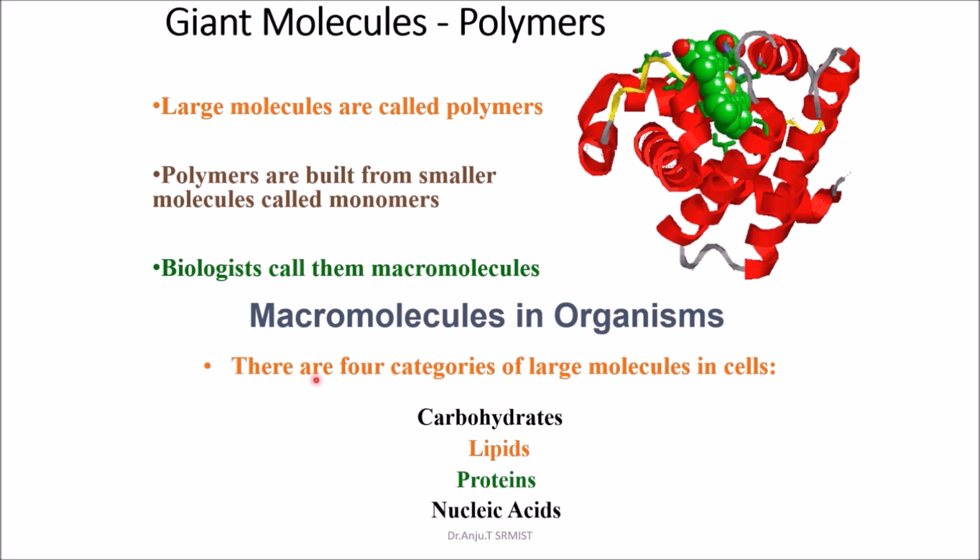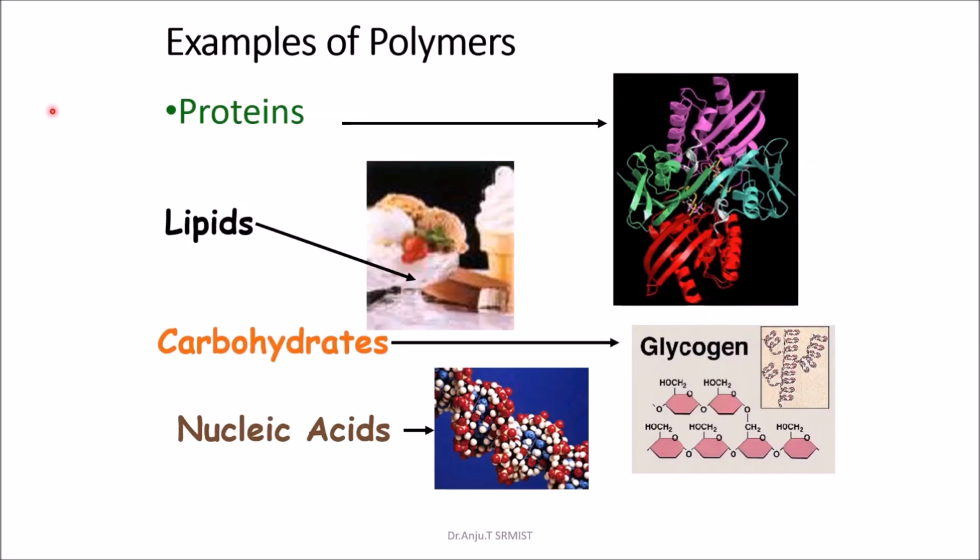The macromolecules found in organisms can be categorized into 4 types: carbohydrates, lipids, proteins, and nucleic acids. Proteins are the structural and functional units of living organisms, like enzymes and structural components.